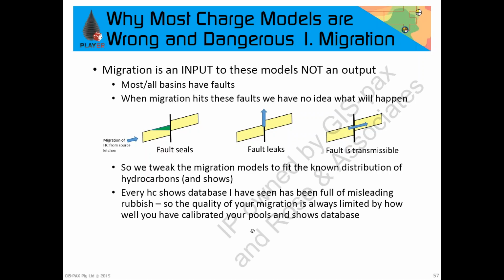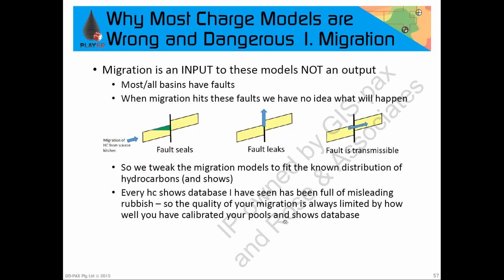But fundamentally, the message I'm trying to give here is that, in my opinion, migration is an input into these models. It's not an output. So you have to calibrate the migration. The charge model is not giving it to you, or if it is, it's just a model, one of millions that could happen. And so the key element that you need is a QC'd hydrocarbon shows database.